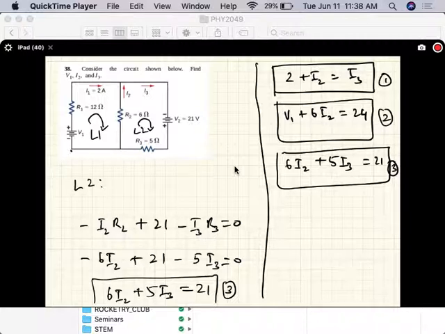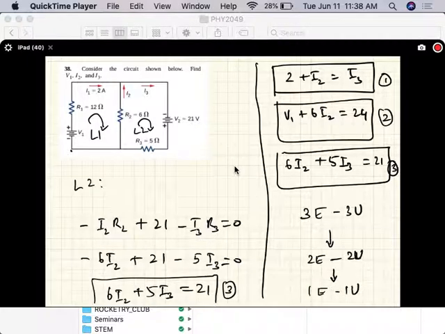Now all the techniques that you learn essentially amount to this. Three equations, three unknowns. What you have to do is reduce it to two equations and two unknowns, and then reduce that to one equation and one unknown. That's the only thing I know how to solve.